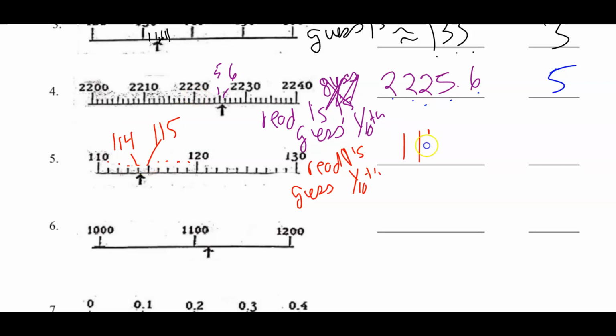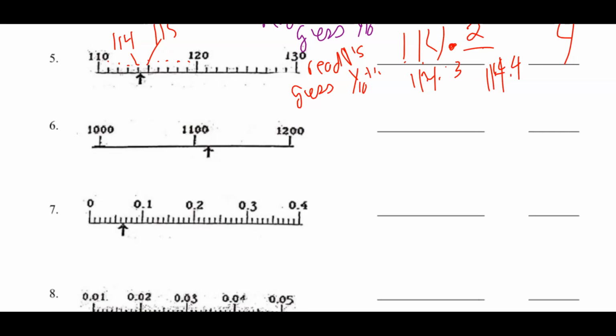So our number is going to be 114 point something. Now, I'm not going to say 0.5. It looks too close to be 0.5. Maybe 0.2. If you want to tell me 114.3, 114.4, I'd be okay with any of those. So how many sig figs? 1, 2, 3, 4. I could read 3, and I'm guessing the 4th.